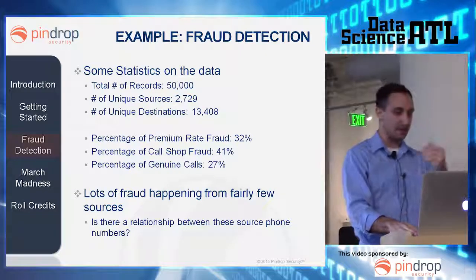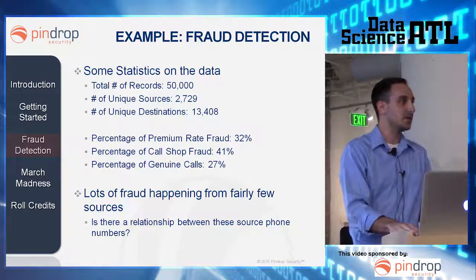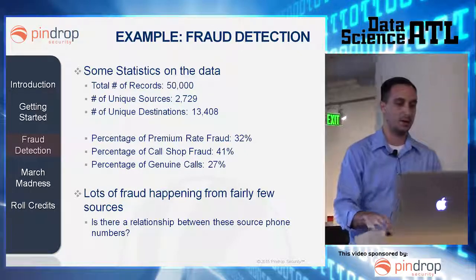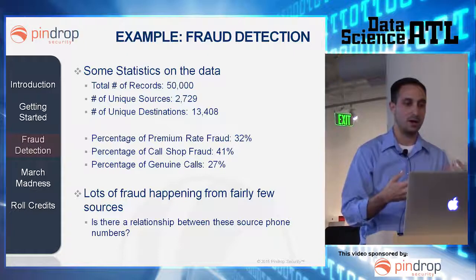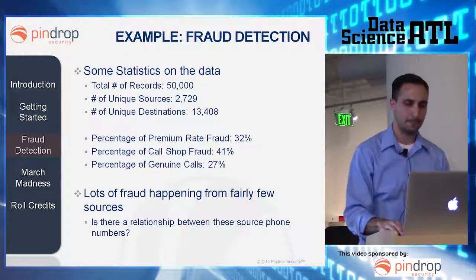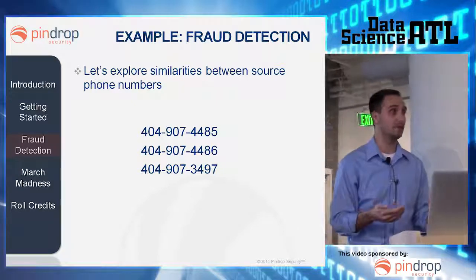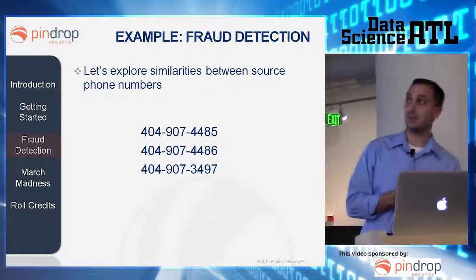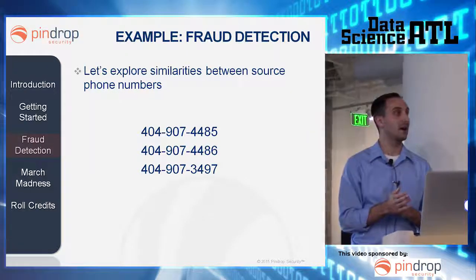So we see, okay, lots of fraud happening, fairly few sources. Is there a relationship between these sources, between these source numbers? Are they similar numbers? So let's take a look at that. How do we explore similarity between numbers? I've got numbers up here. First one, 404-907-4485.